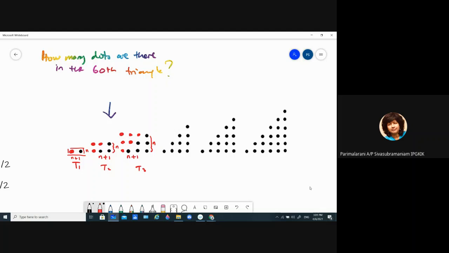Term 4, if I add another dot, I want to add until I can complete the rectangle. So I have 4 and 5. One side I have 4 dots, the other side I have 5 dots. This is term 4. Term 4 means I should have 4 dots, so this is n. n is 4. On this side I have n plus 1.